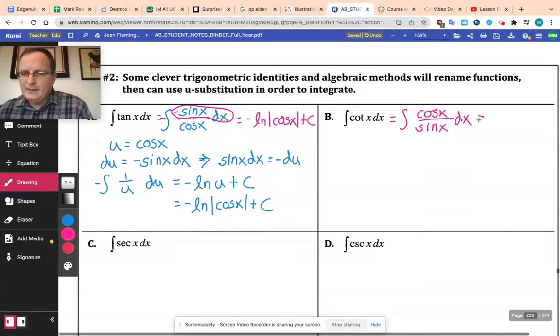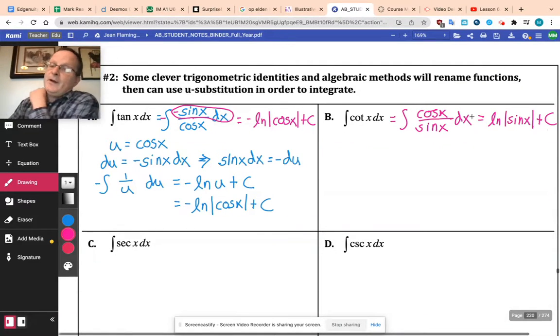So it will be natural log, absolute value, we need it for sine, plus c. So what we've done is we've created a natural log out of a situation where these trig functions were fractions all along. But not only are they fractions all along, they're fractions such that the derivatives are close to each other, because the derivative of sine's cosine, derivative of cosine's negative sine, so we're able to make it work.